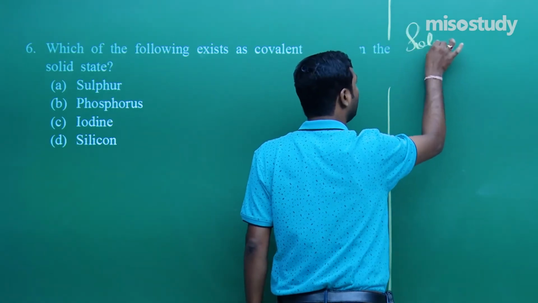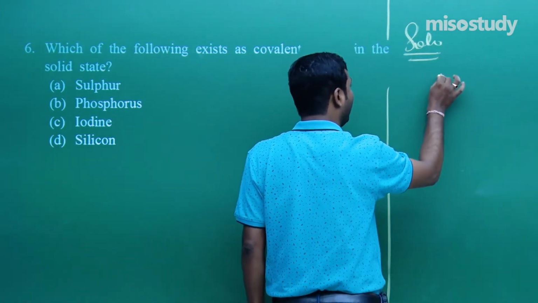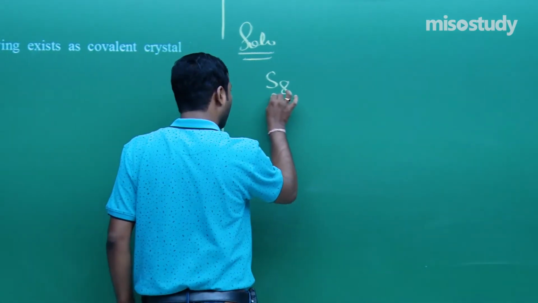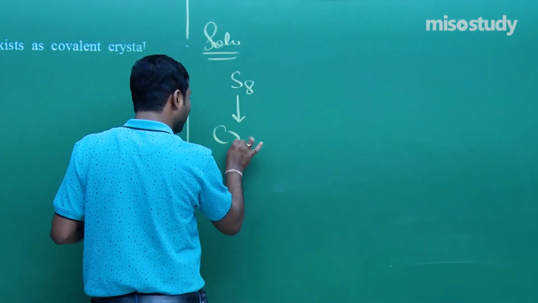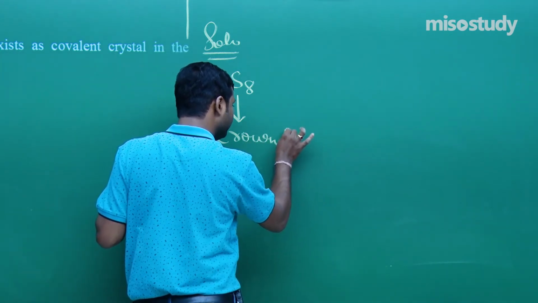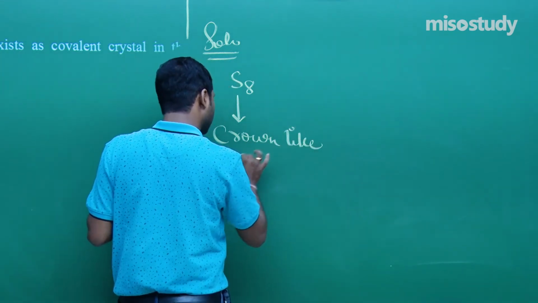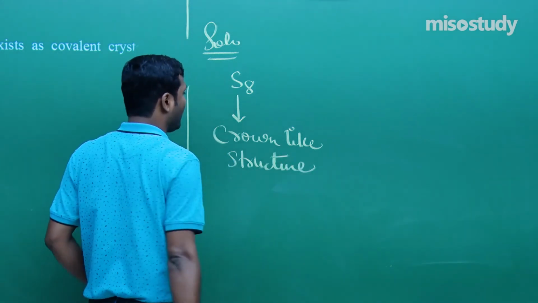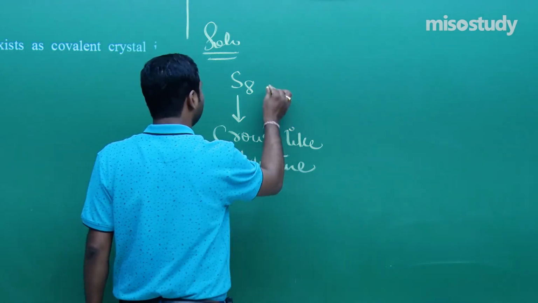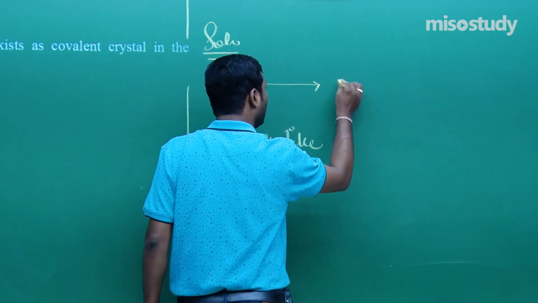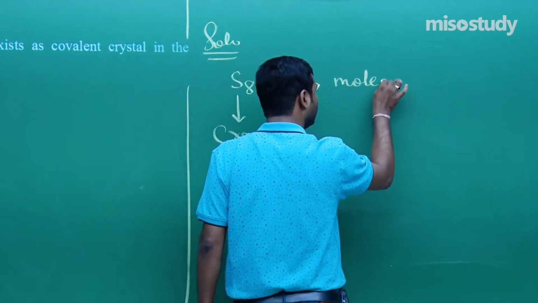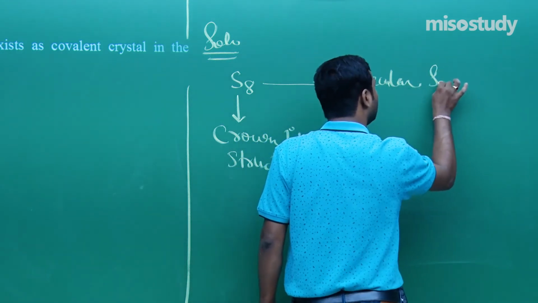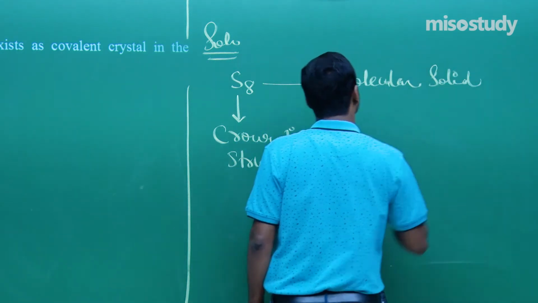As we all know, sulfur exists as S8, remember this, and this has crown-like structure, and this is nothing but a molecular solid. Clear to you?